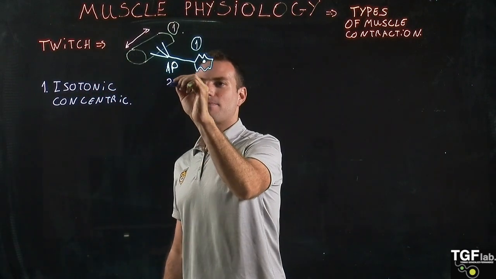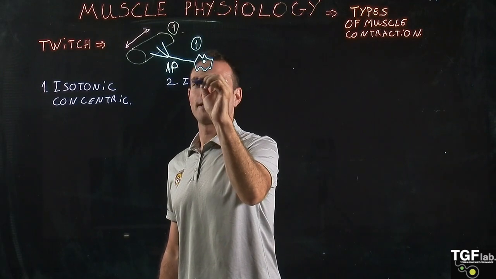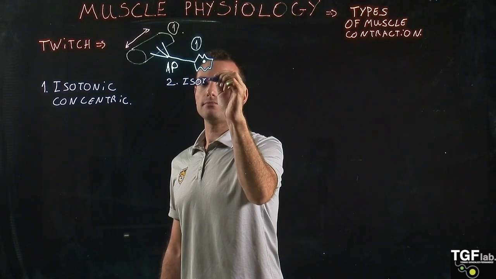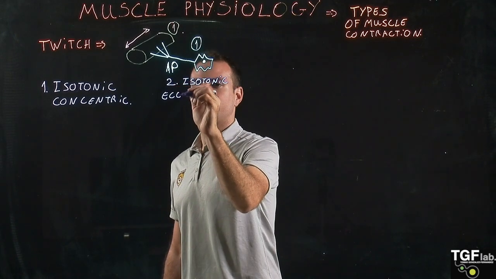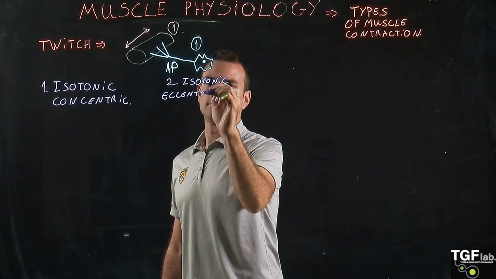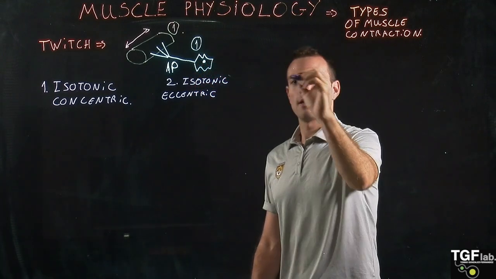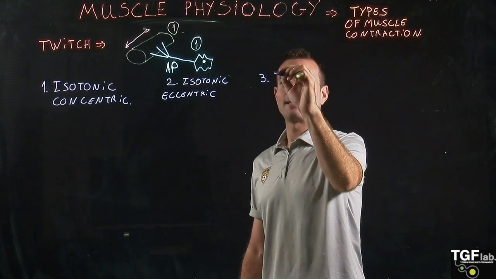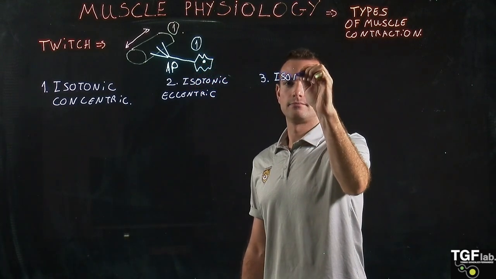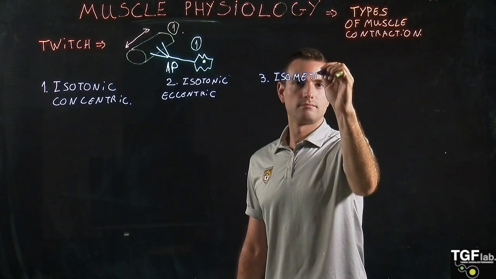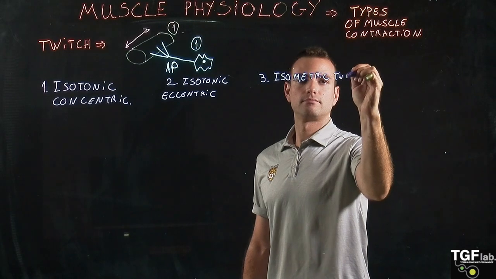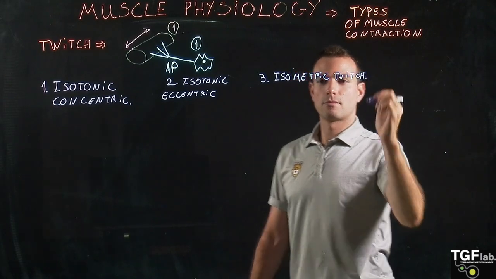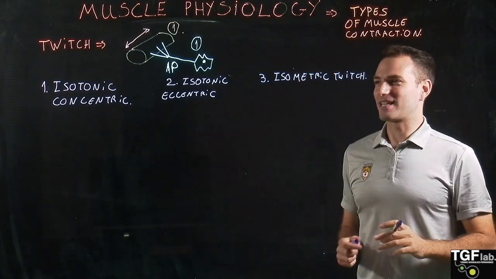The second type is going to be the isotonic eccentric twitch. And the third type is the isometric twitch. Okay, let's go through each of these.